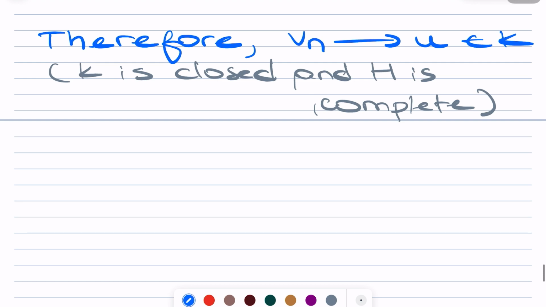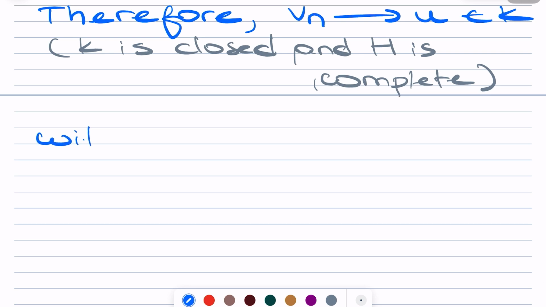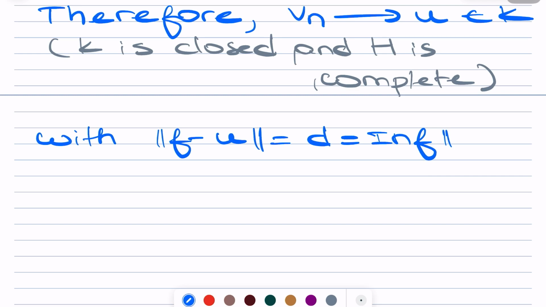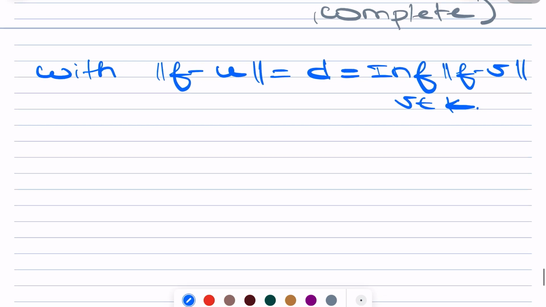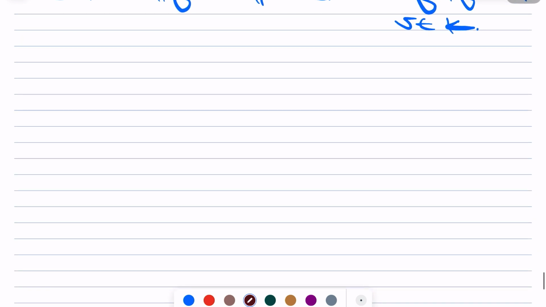So v_n converges to some u in K, and the norm of f minus u is equal to d, which is the infimum of the norm of f minus v over v in K. So this proves existence. In the second step, we are going to prove the equivalence of 2 and 3, that u is characterized by the scalar product of the vector f minus u and any vector v minus u, v in K, being less or equal than 0. So in b, we prove equivalence.